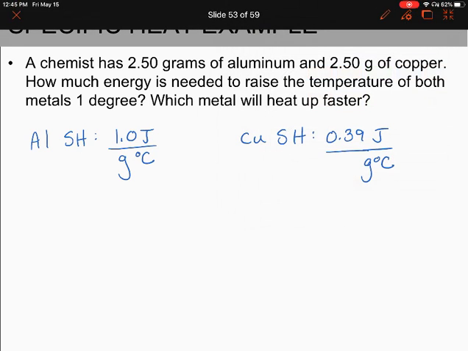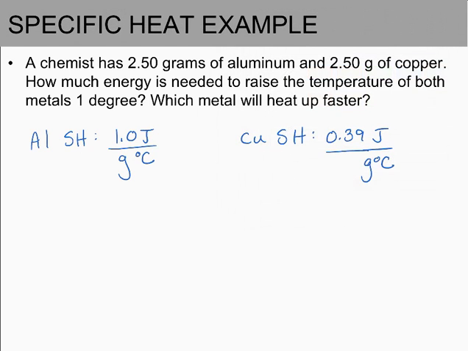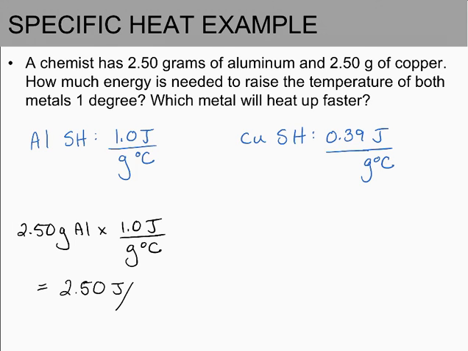So we can use the specific heat as a conversion factor to figure out, okay, how much energy do we need? Okay, so we're just going to multiply 2.5 grams of aluminum by its specific heat, which is 1 joule per gram degree Celsius, and we end up with 2.5 joules per degree Celsius.